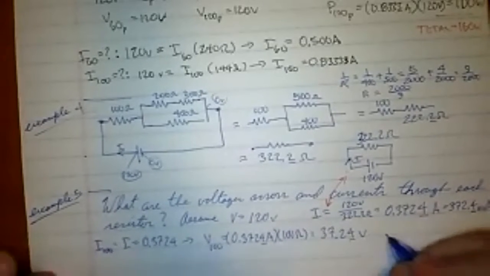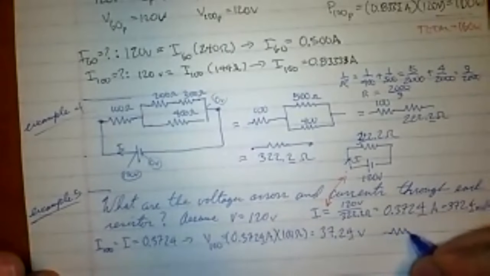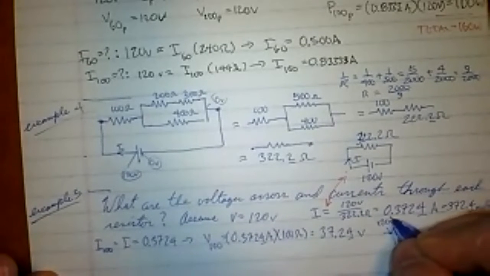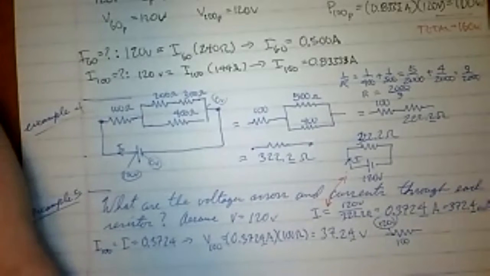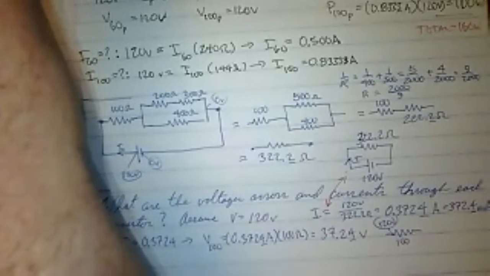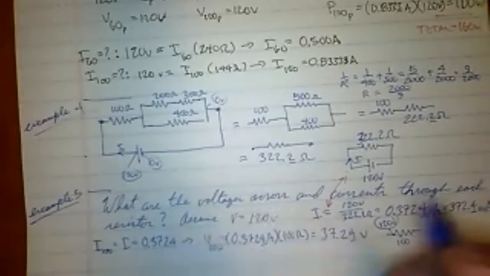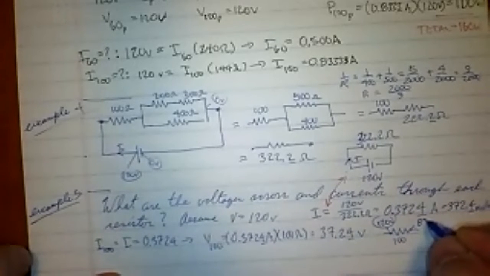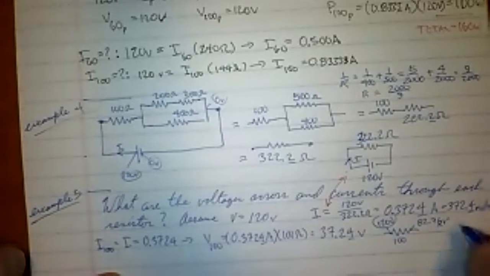So now what I know is that 100 ohm resistor has a voltage of 120 here and 82.76 volts here.